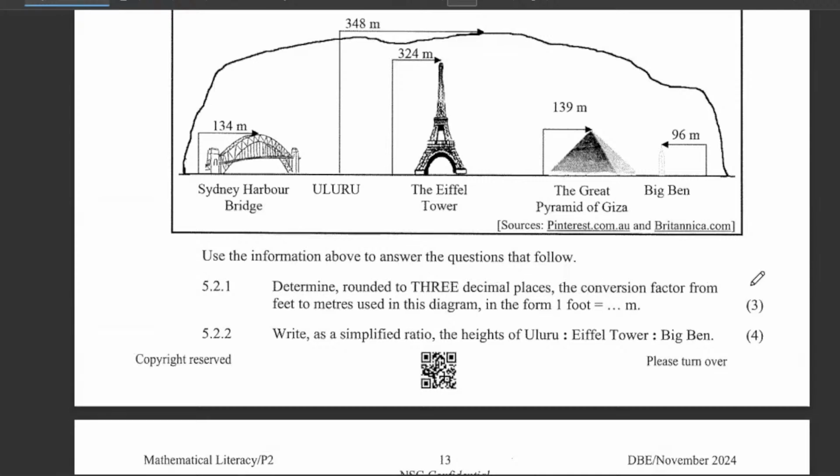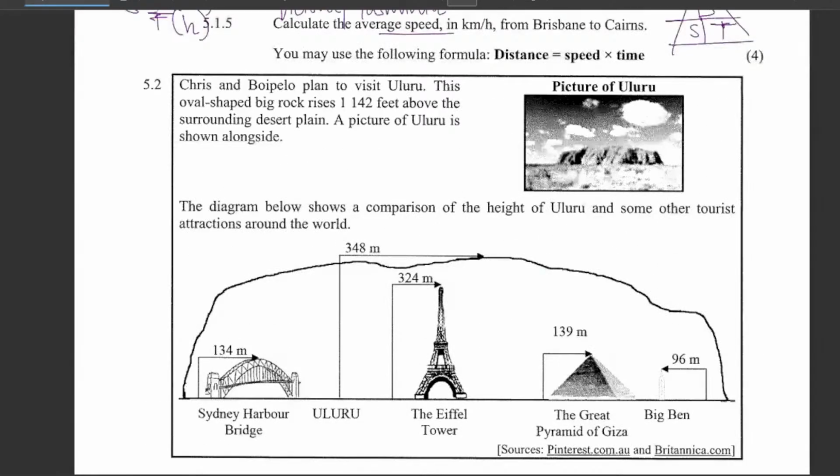the conversion factor from feet to meters using a diagram in the form of 1 foot is. So now what we're going to do, we want to get, in meters it's this high, you see, and in feet it's that high. So let's put feet, because I want 1 foot to be equivalent to a given number in meters.